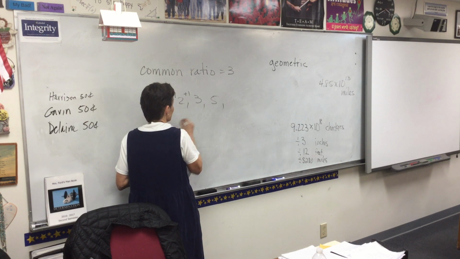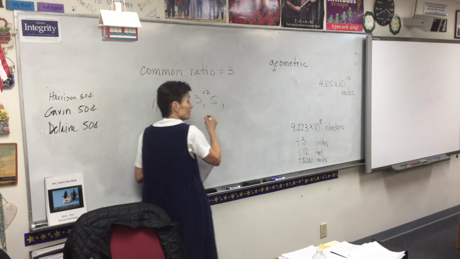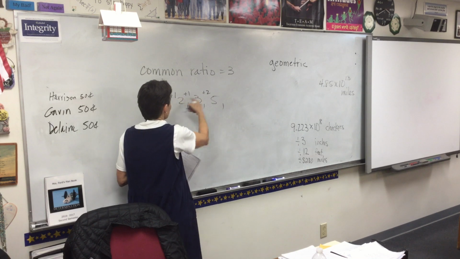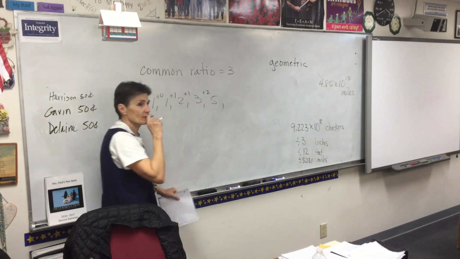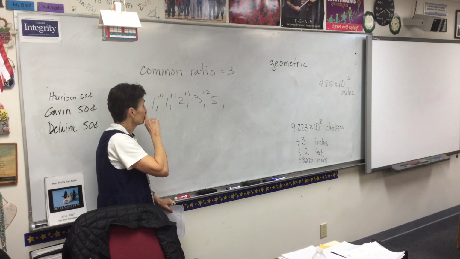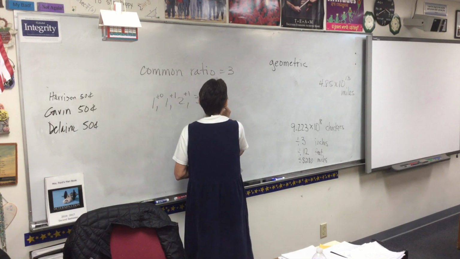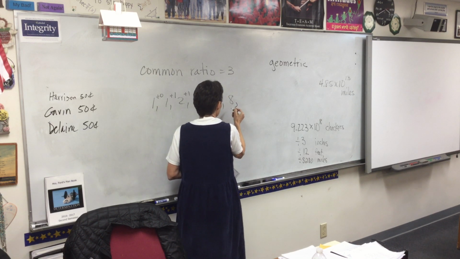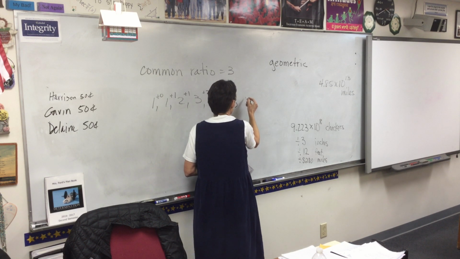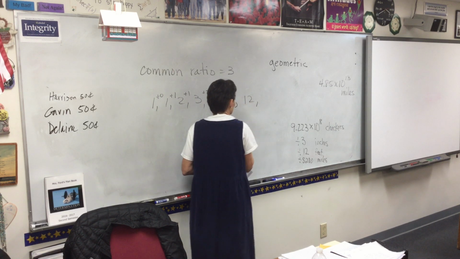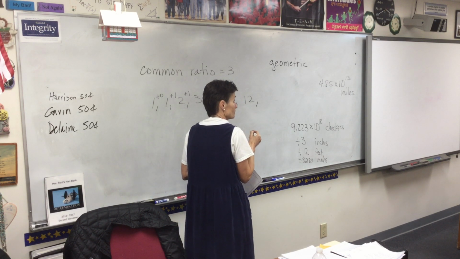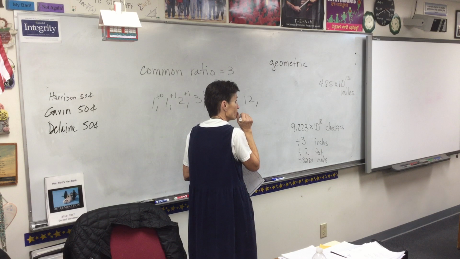Wait, no, not that. And then this would be 2, right? That's kind of crazy the way that works. And then you add 3, then 5. So you're saying add 3, so the next one would be 8, and then 12. Is that what you said?